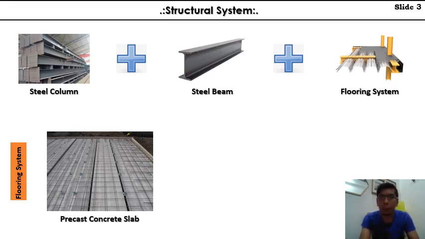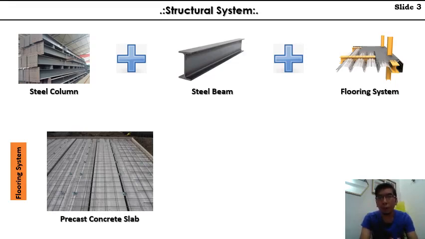After that, you install the BRC and then pour the concrete on top. In this case, we don't need formwork, because the precast plank itself has a function as formwork as well. After the concrete has hardened, it becomes a permanent structure.